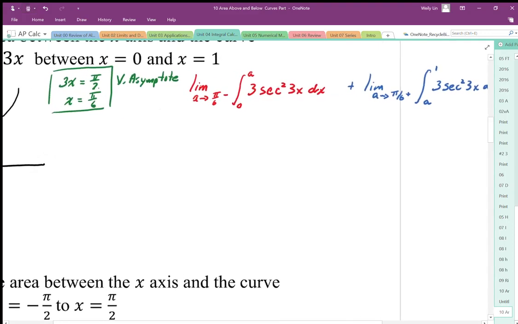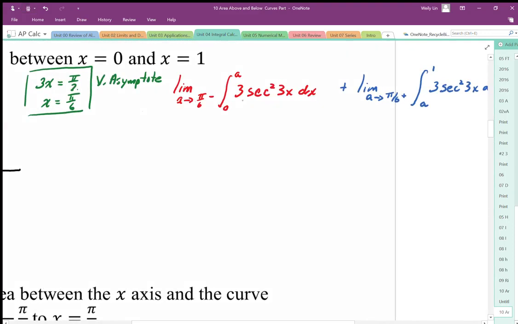Since secant squared is the derivative of tan, we know that the antiderivative of this must be tan. So when I anti-differentiate this, I'm going to end up with a limit as a approaches π/6 from the negative side, and it's going to be 3 tan 3x, and I have to divide by the compression of 3, so the 3s cancel out.